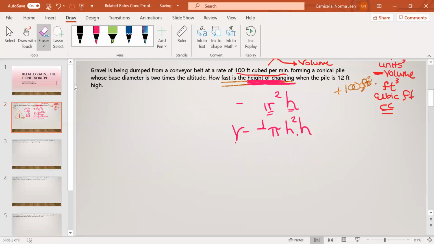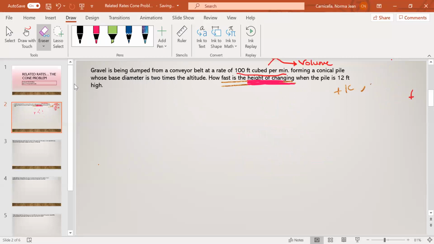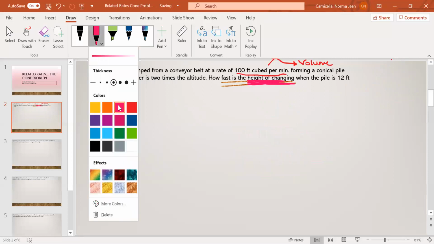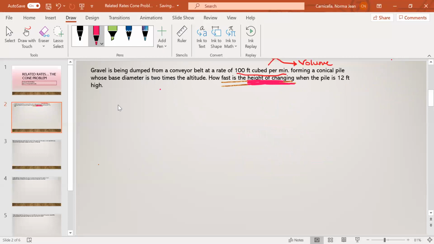On my PowerPoint, I have to erase it a little bit. For some reason, I can't just take a whole section like I usually can. So we're going to go ahead and take the derivative of this. V is equal to 1/3 pi h to the third power.